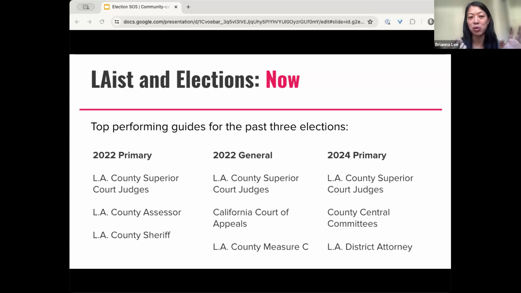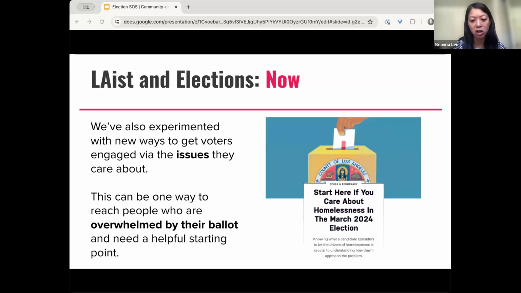County Central Committees don't even have any actual power. They're all volunteer positions and they make endorsements. It really showed that the experience of a voter was different from what we had originally thought. They were just looking at their ballot, going down the list, trying to find information about a certain race and either finding it or not finding it. So we were trying to supply information for that experience as much as we possibly could.